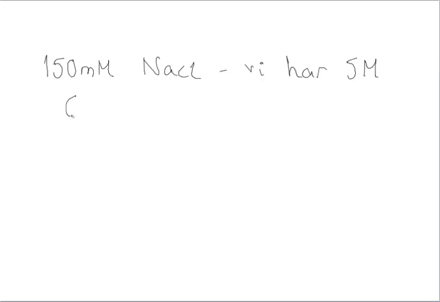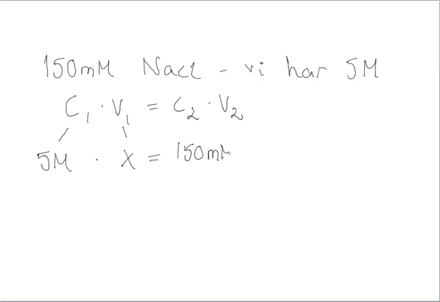You can again use the formula C1 times V1 equals C2 times V2, where C1 is 5 molar, the concentration for the stock solution. V1 is X, we don't know how much to take from the stock solution. C2 is 150 millimolar, the concentration we want for sodium chloride, and the volume is still 100 milliliters.